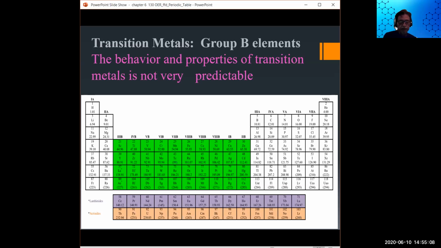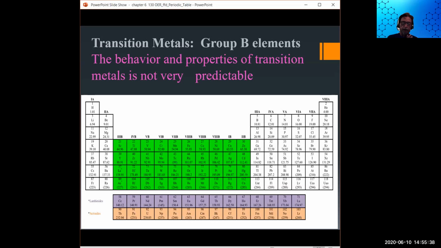So there's not much prediction. For example, copper, which is number 29, can lose 1 electron or 2 electrons. It can be a +1 or a +2. Iron, we're all familiar with iron, number 26, can lose 2 electrons or 3 electrons. So it's difficult to predict.